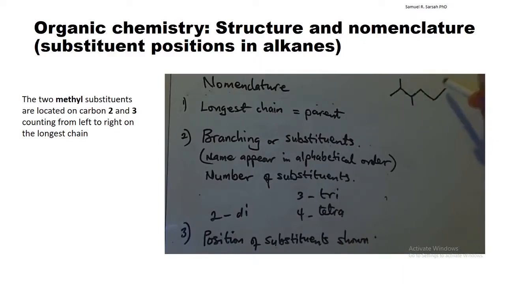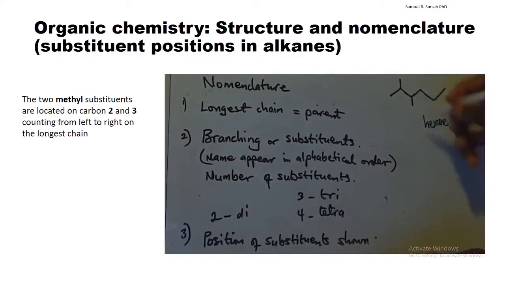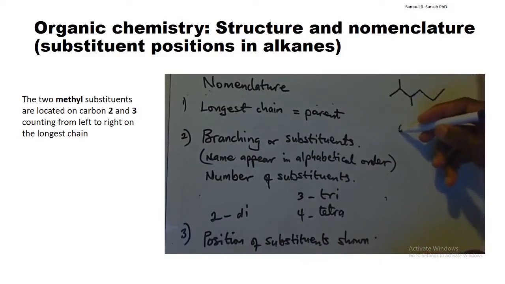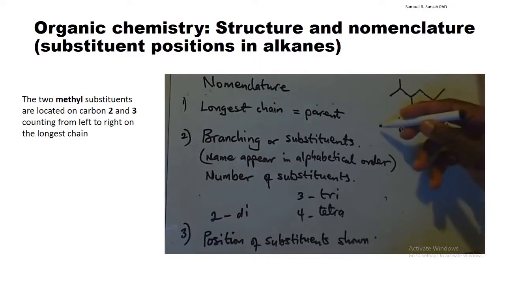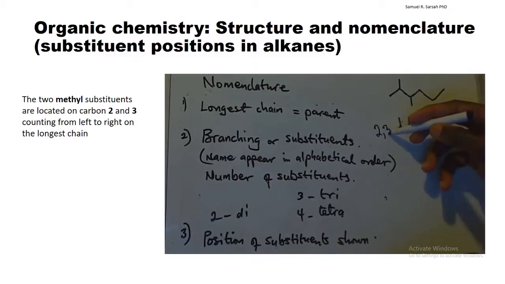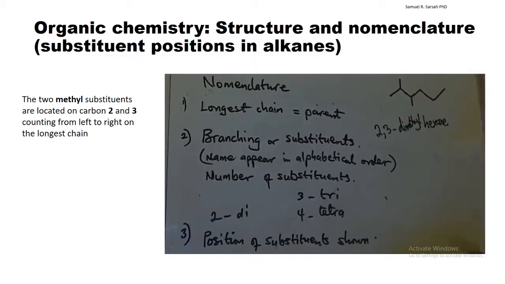So the name of this, let's start by writing hexane, and then we have methyl groups. There are 2 of them, so we can write dimethyl. And this one is on carbon number 2, this one is carbon number 3. So we write 2,3. So the name of this structure is 2,3-dimethylhexane.